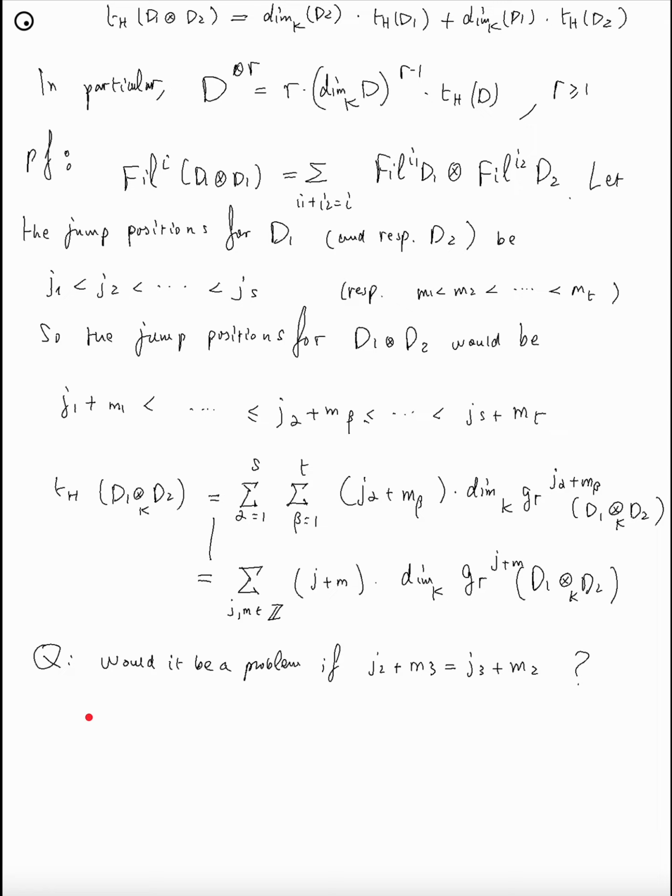In that case, it would tell you the filtration at G2 plus M3 of the tensor actually equals the filtration G2 of D1 tensor the filtration M3 of D2 plus the filtration G3 of D1 tensor the filtration M2 of D2.